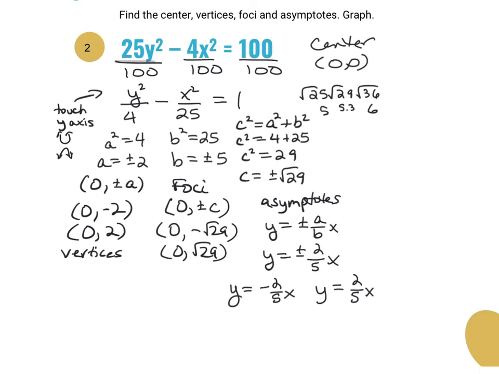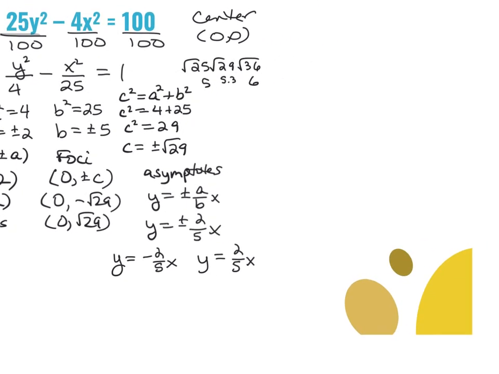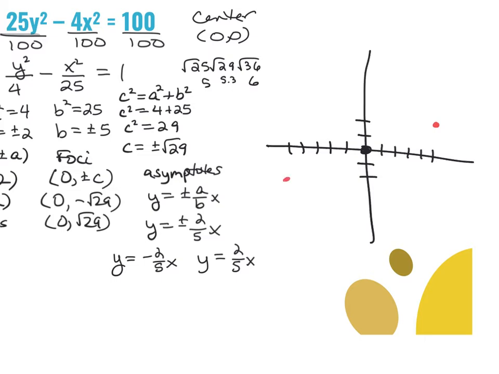So I'm going to come over here to the side. Graph the center first. Next, we're going to graph the asymptotes. So from my center, I'm going to rise 2 and run 5. I could also go down and to the left. So here is my first asymptote.